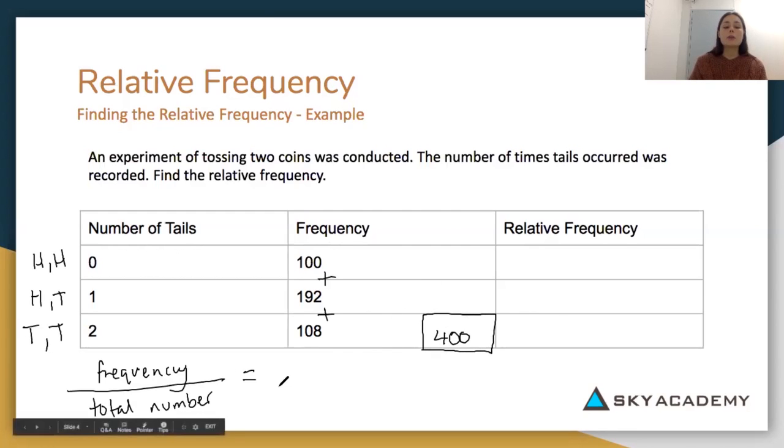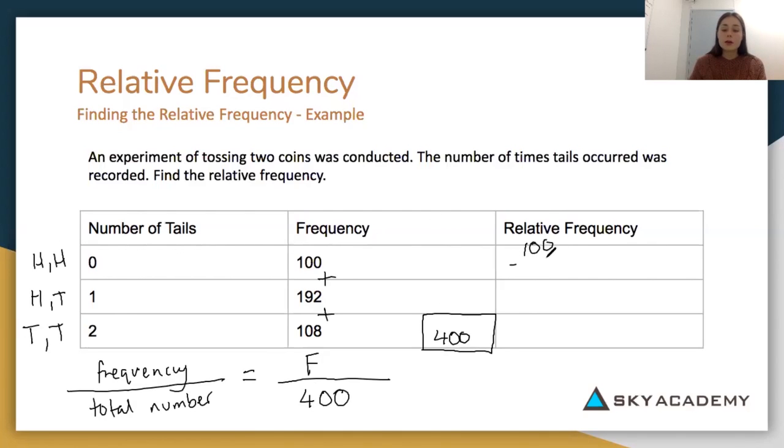So that means that our frequency is going to change depending on what number of tails we do, but the total number of frequencies is going to be 400. So now we have all the information we need. For the relative frequency for 0 tails occurring, where both of them were heads, we can do 100 over 400, or 100 divided by 400, which goes to 1 on 4 when you simplify that into your calculator, and that just equals 25%.